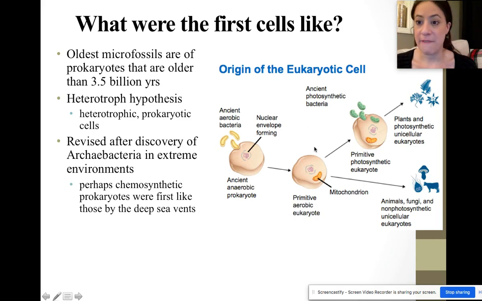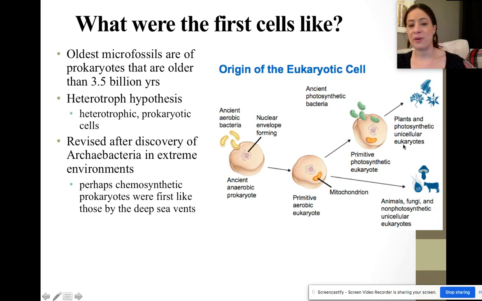Some of these cells would later go on to consume other photosynthetic bacteria that would eventually be your future chloroplasts. And these cells would be able to provide their own oxygen for themselves.